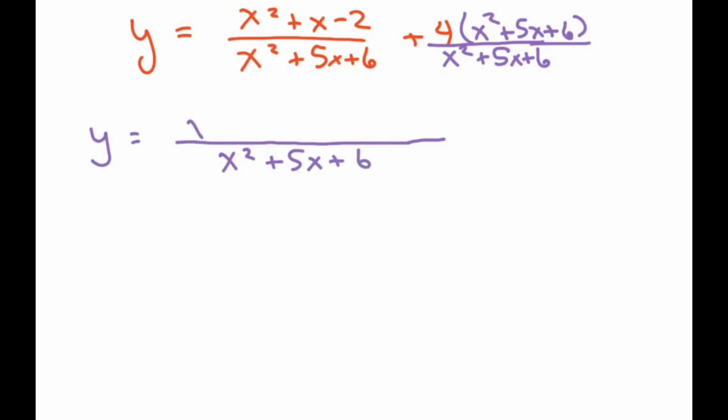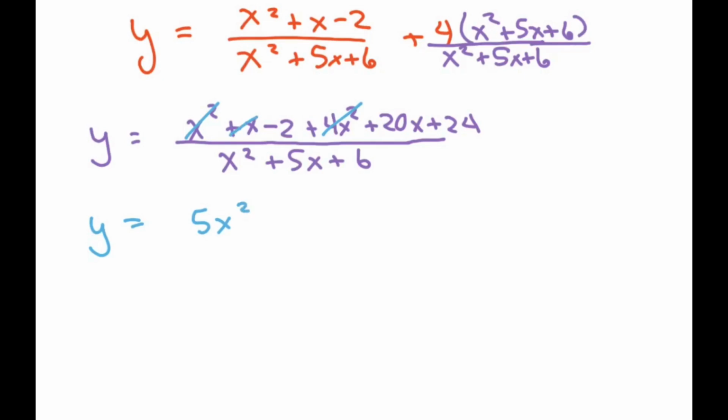So copy the first part down and then distribute the 4. So it'll be plus 4x squared plus 20x plus 24. Now let's clean the numerator up. So these two will be 5x squared.